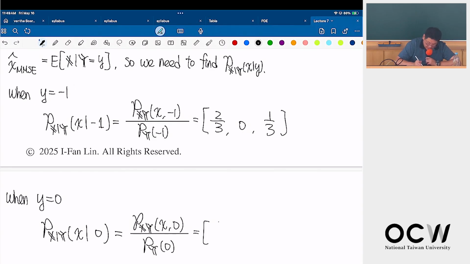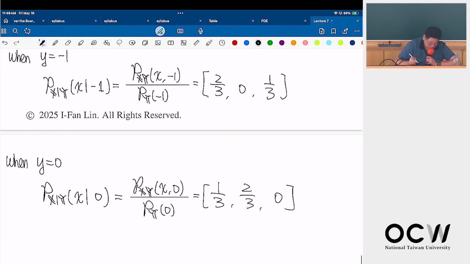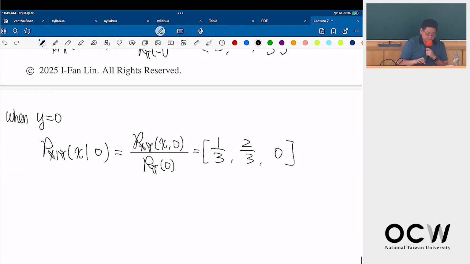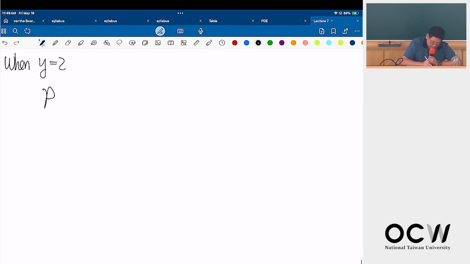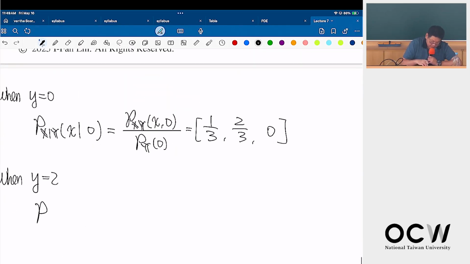You have 1/3, 2/3, and 0. And the last one, when Y equals 2.